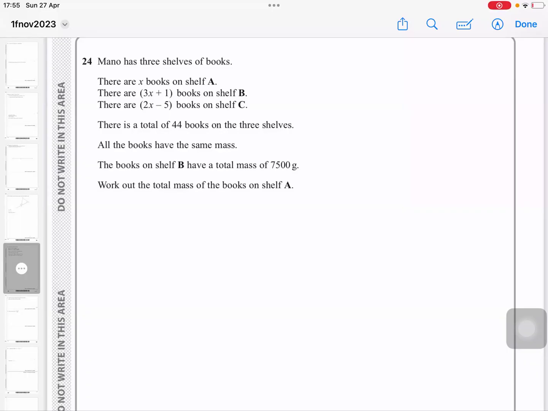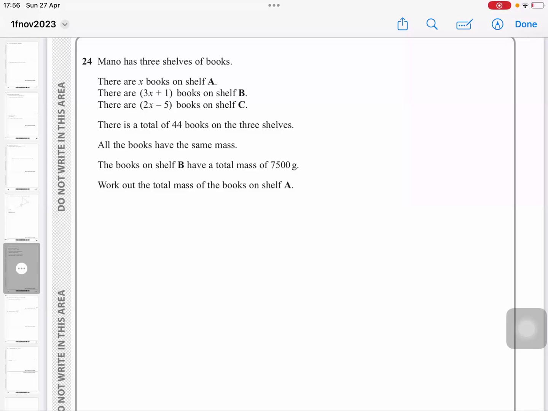Okay, so what do you think X is going to be? 8. What do you think X would be? Right now I have 6X. So X would be, it will be 8. If you divide both sides by 6, what would you have?